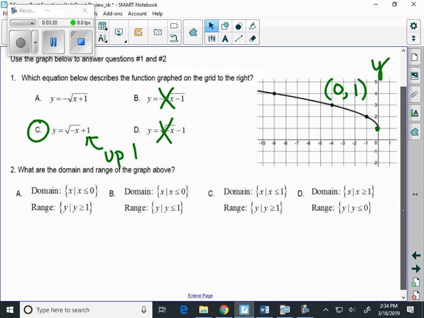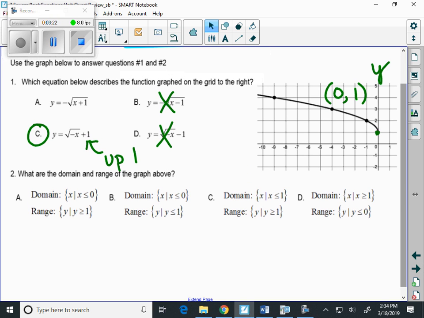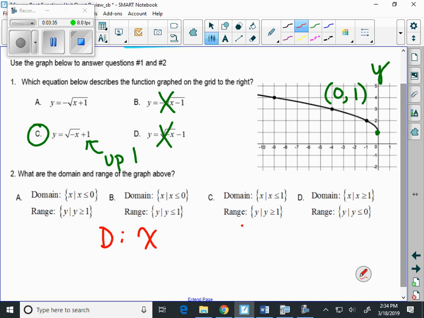Looking at the same picture, it says, what are the domain and the range of the graph? So once again, remember that domain is going to be the x value, range is going to be the y value.